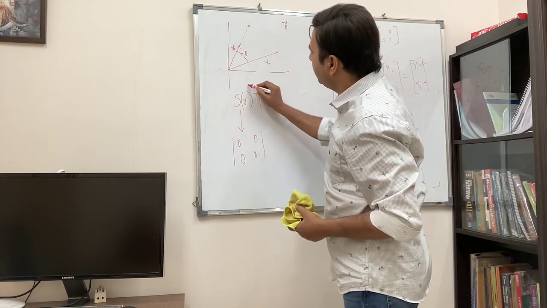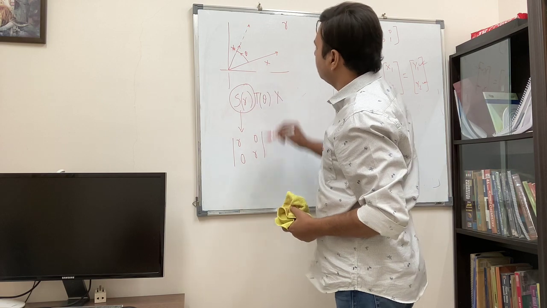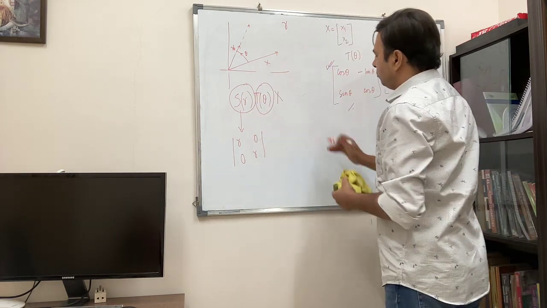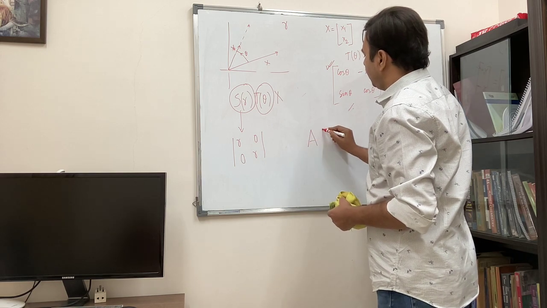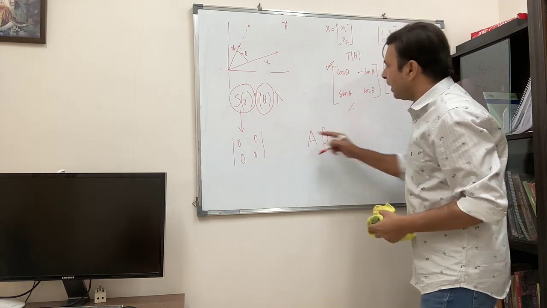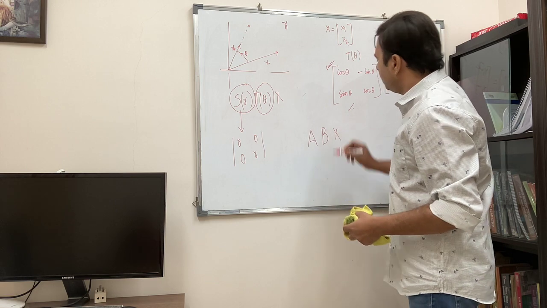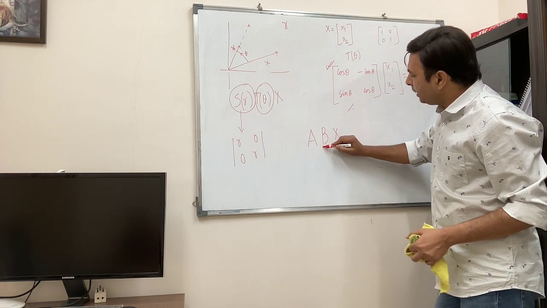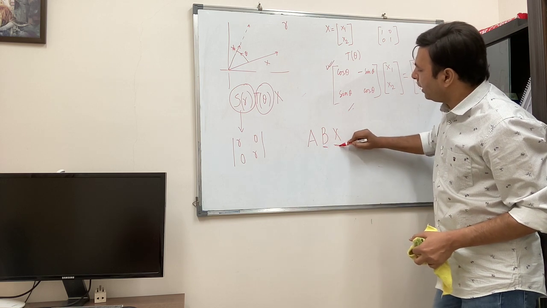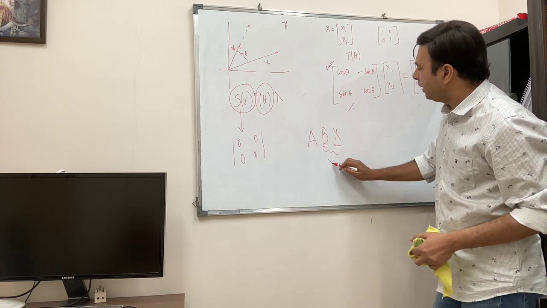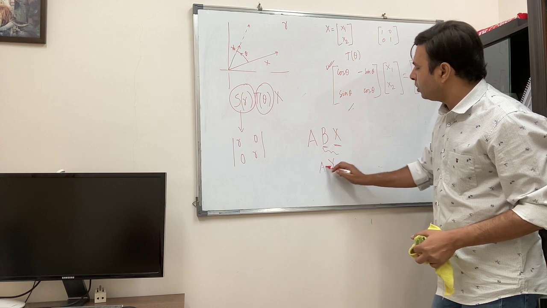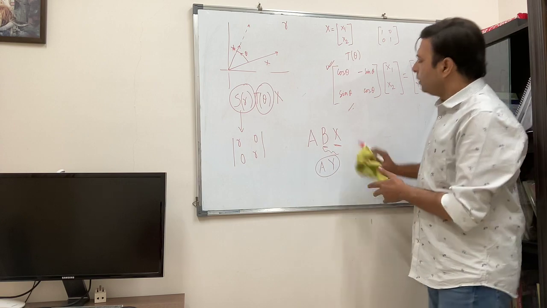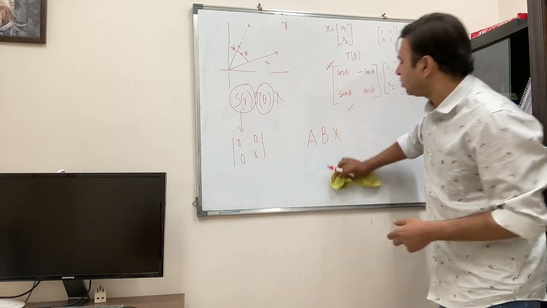So what is happening here? This is one matrix and this is another matrix. I am multiplying two matrices. There is a matrix A and there is a matrix B, and I am multiplying them, and then there is X. You can read it in two different ways. You can read it as the matrix B operates on X and gives me something Y, and then A operates on that Y. You can also think in different ways.